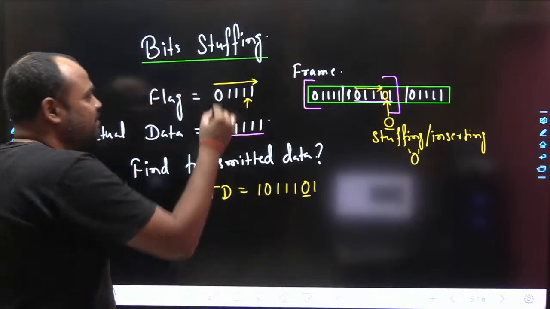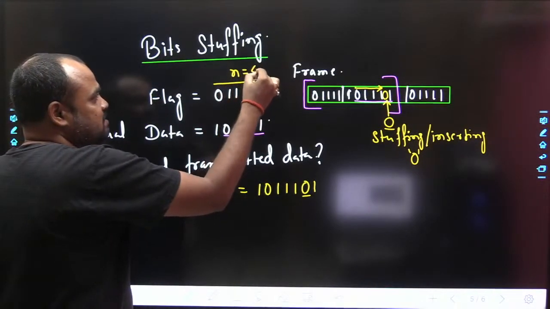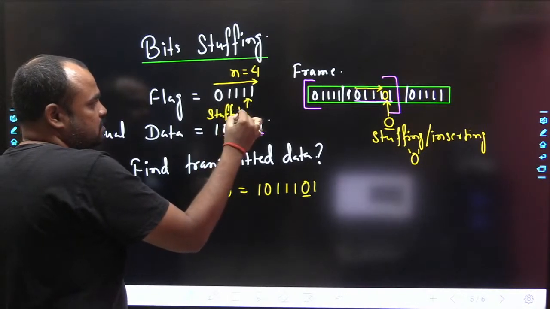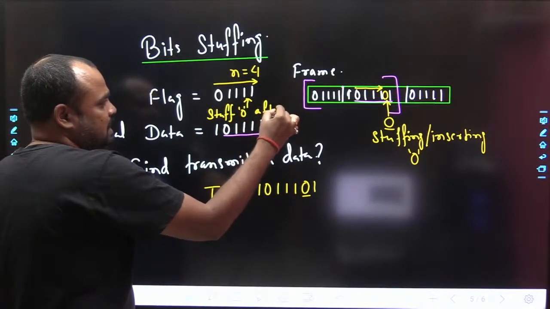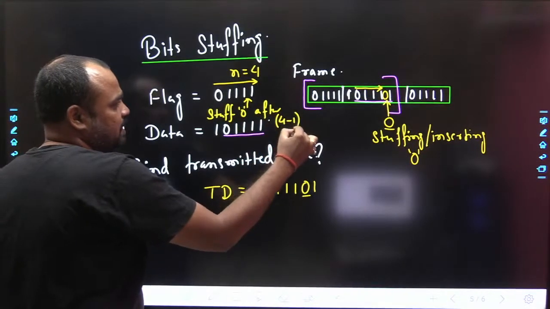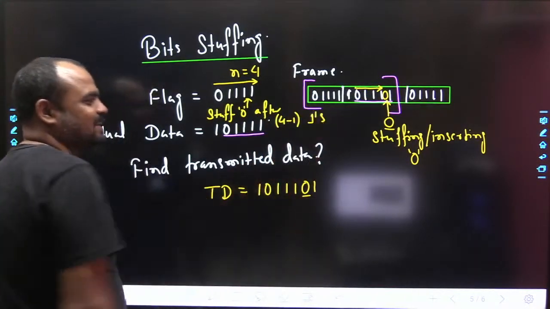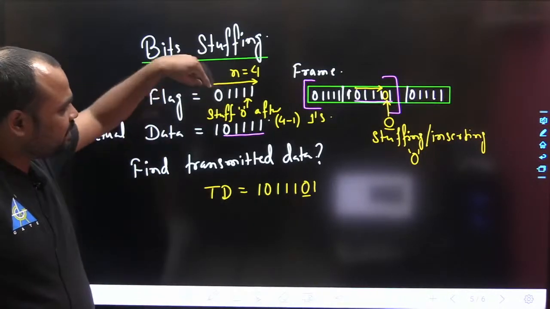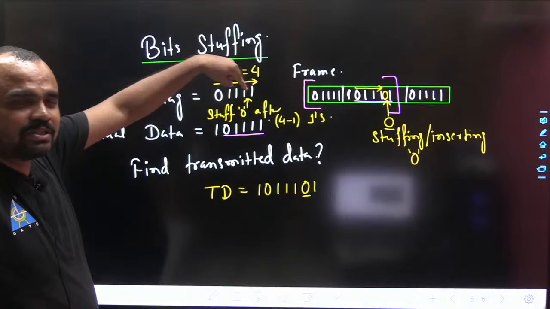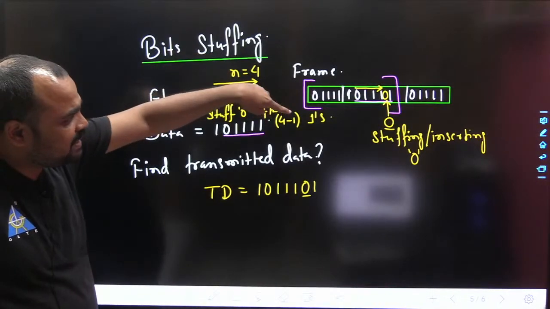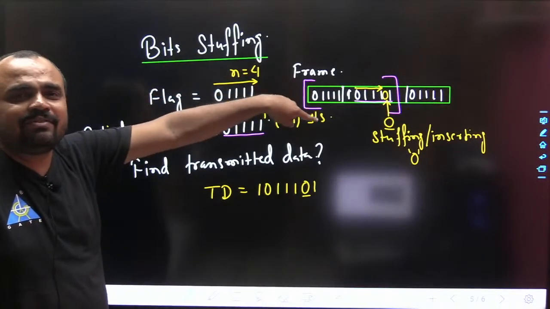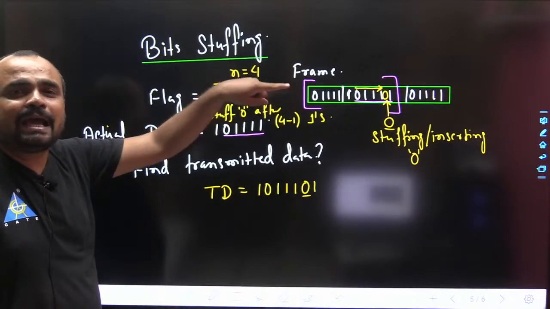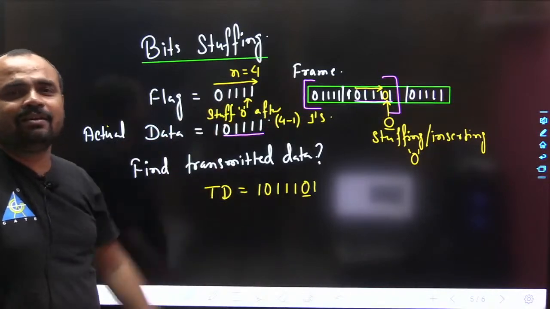So here what is the value of n? The value of n is 4. So stuff 0 after how many ones? After 4 minus 1 ones. Yes or no? So definitely the flag pattern will never appear inside the data field.